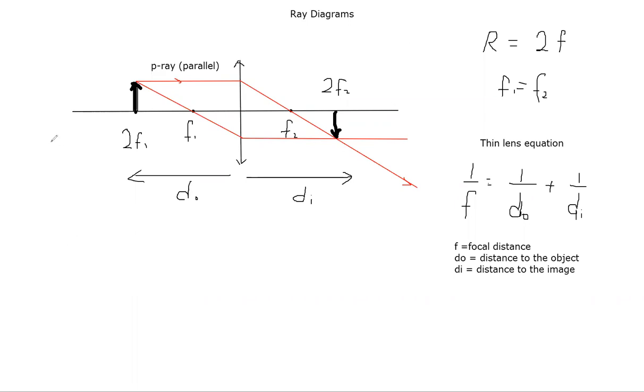So that's a positive direction for the DI. Okay, and then we also have a vertical direction. So this will be positive, and this will be negative over here. Our object is upright, right side up, right? But the image is upside down, so it will be in the negatives, right? Now we also have a magnification formula.